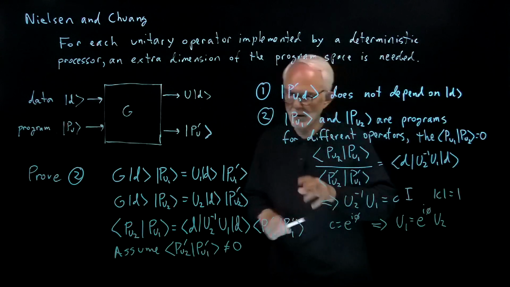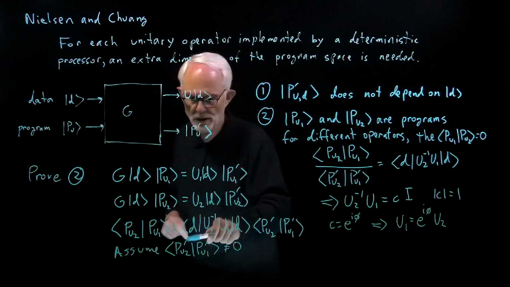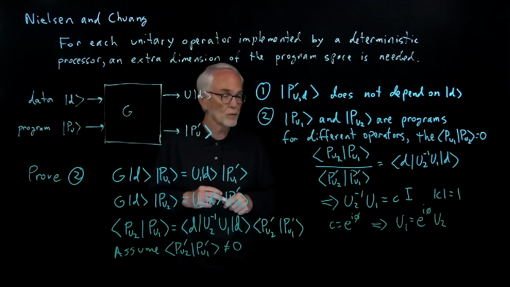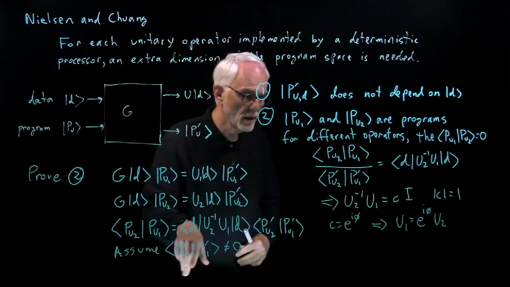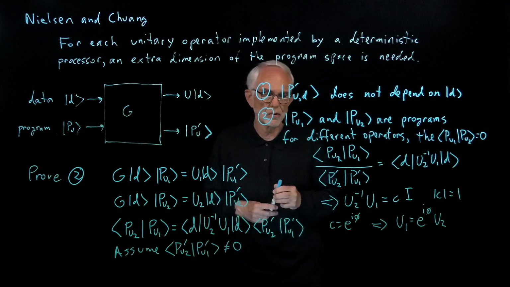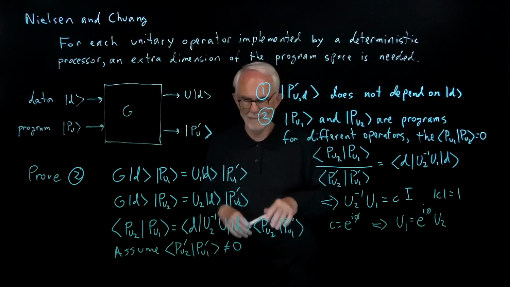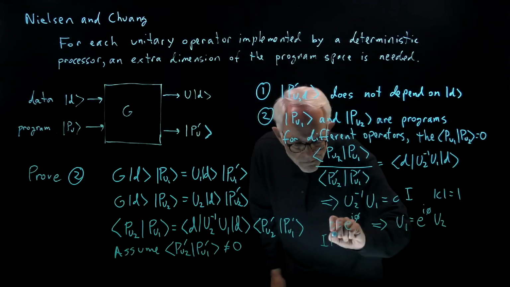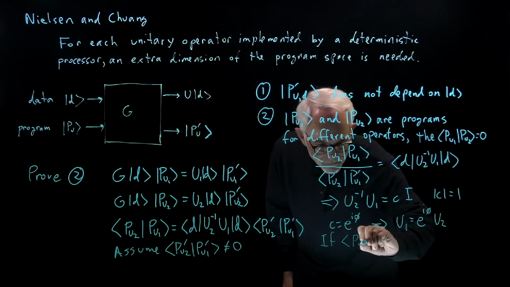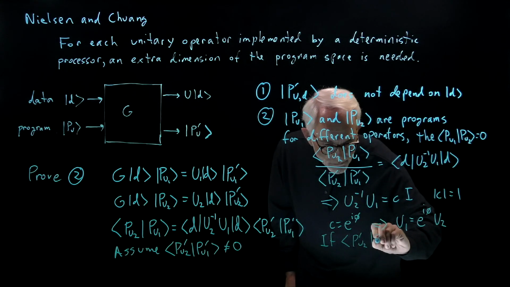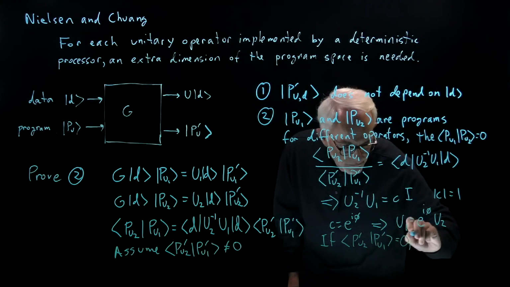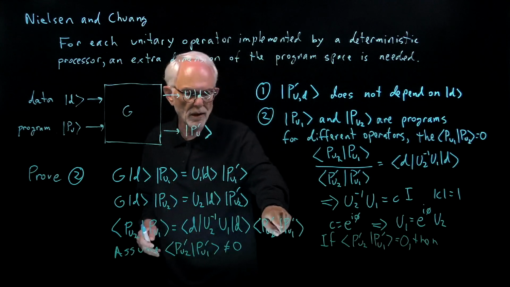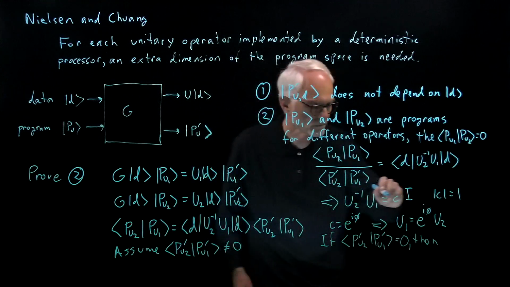Now, where did that come from? That came from the assumption that P prime U2, P prime U1 was not equal to 0. So if that is true, then the operators U1 and U2 basically have to be the same. But if this is 0, then if I go back here, that has to be 0.